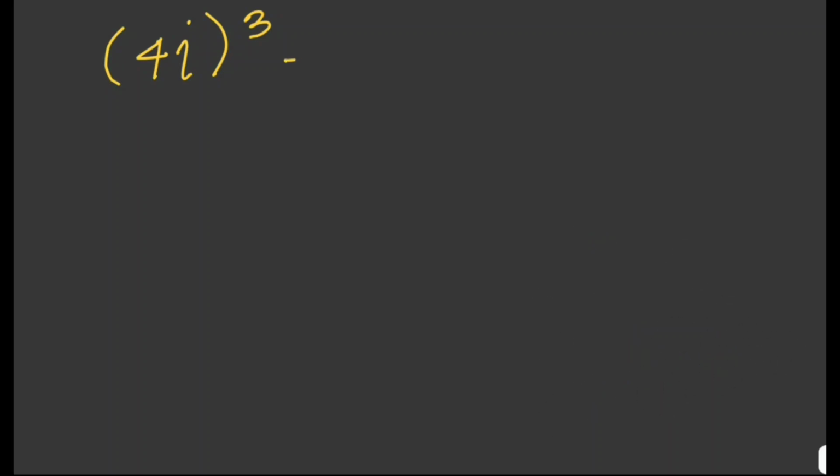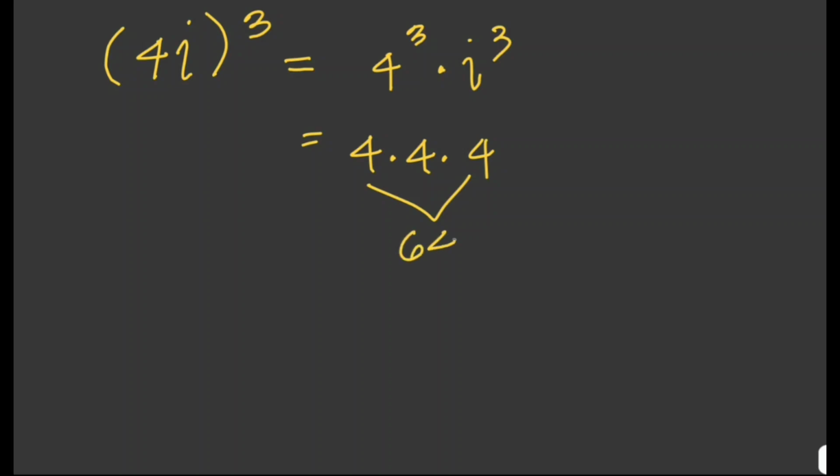Now we can write this expression as 4 cubed, we just distribute the exponents, times i cubed. Now 4 cubed is 4 times 4 times 4, which is just equal to 64, right? So that is 64 times i cubed. So i cubed is just i squared times i.